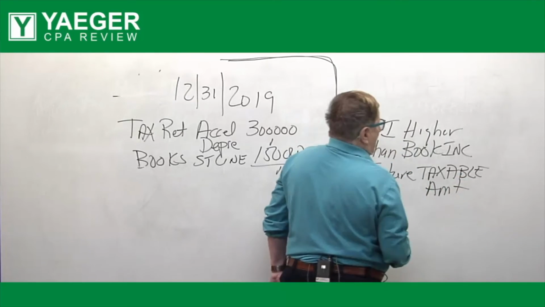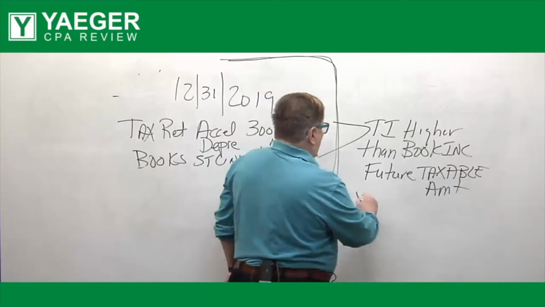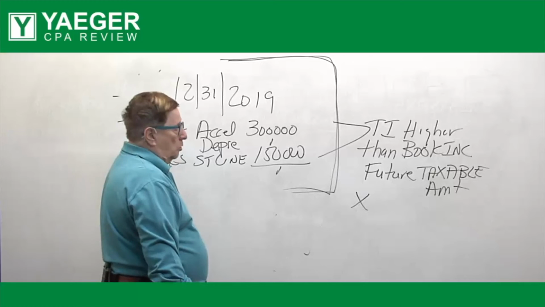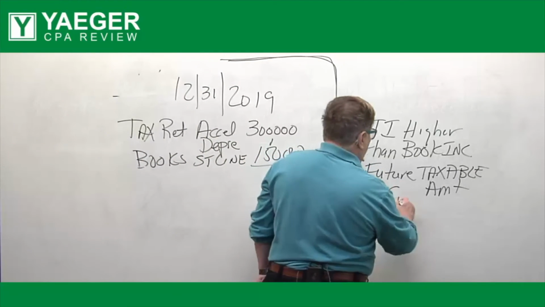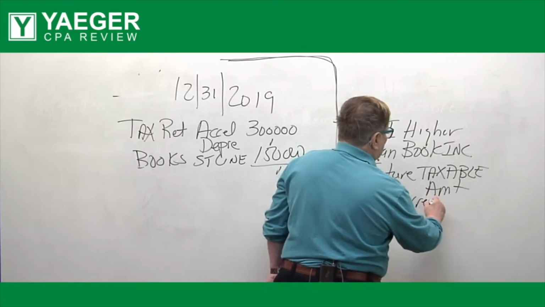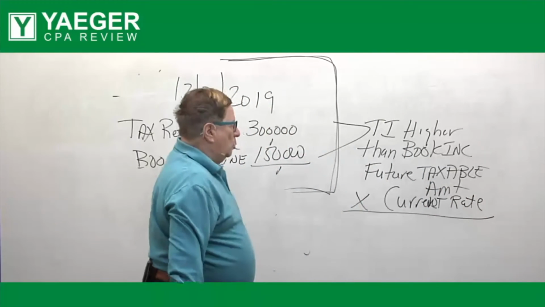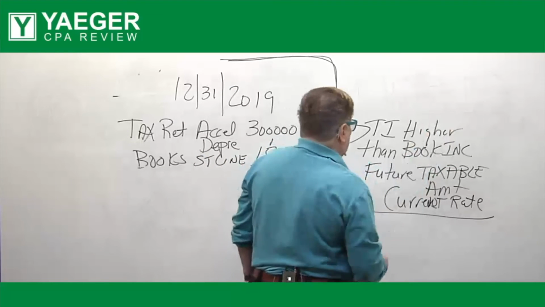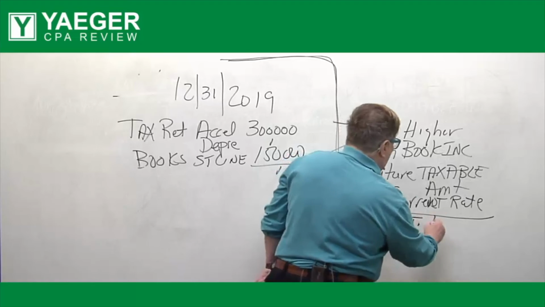Now, if you take future taxable amounts and you multiply them by the future tax rate, if known, or if you don't know the future tax rates, you multiply by the current rate, that will give you what we call a deferred tax liability.